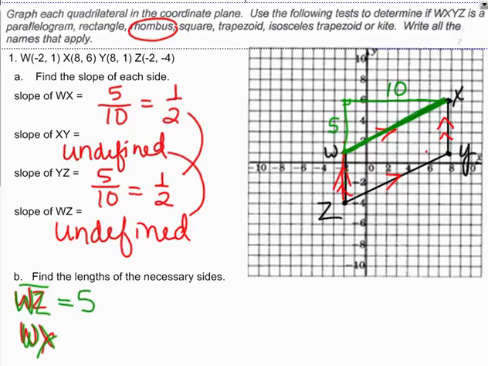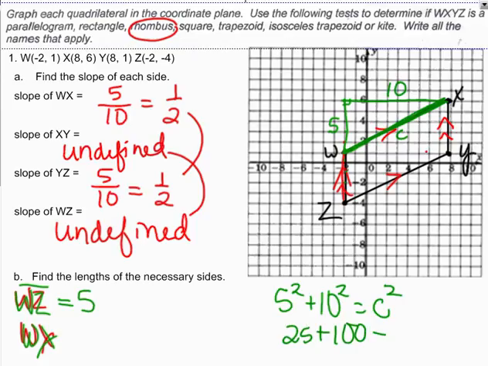So, for Pythagorean theorem, we are going to say 5 squared plus 10 squared equals, let's call it c squared. We're going to call this one c. All right, so that's going to be 25 plus 100 equals c squared.